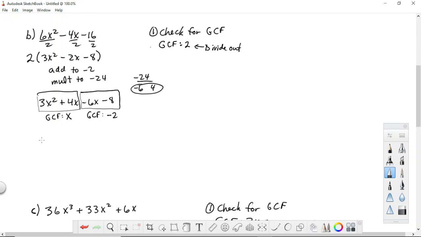So now we're going to factor out that x from those first two. We'll have something inside, and we have to figure out what goes in the parentheses.